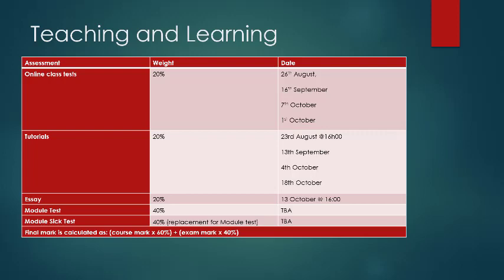So if you decide not to do it, then good luck to you because you lost automatically 5%. There's no makeup for online tests, no makeup for tutorials. If you miss when you're supposed to hand them in, hard luck. The only do-over you get is for the model test, but then you need to have a certificate.